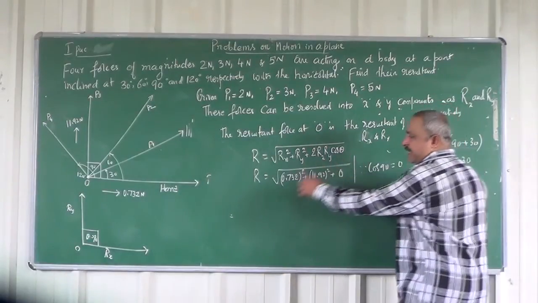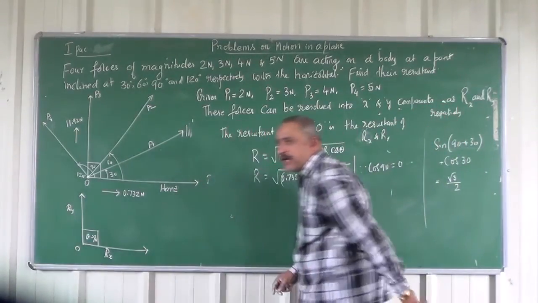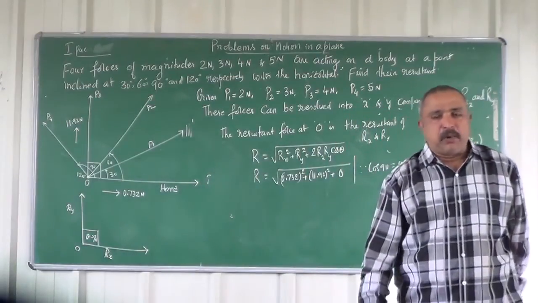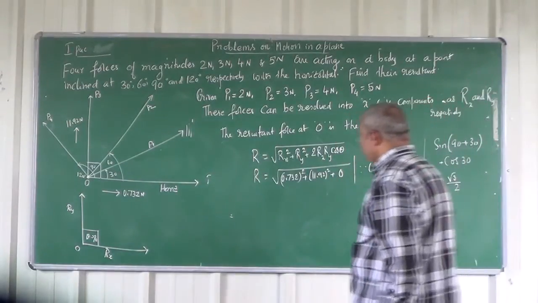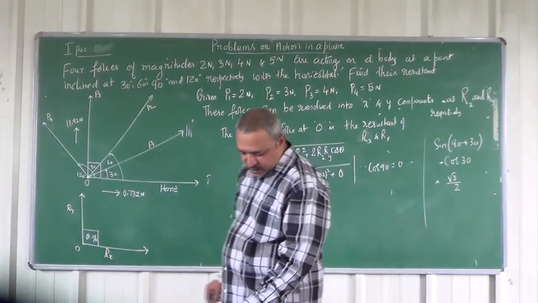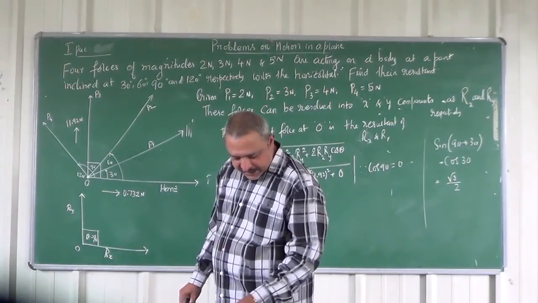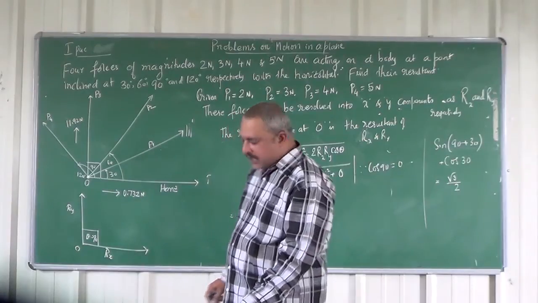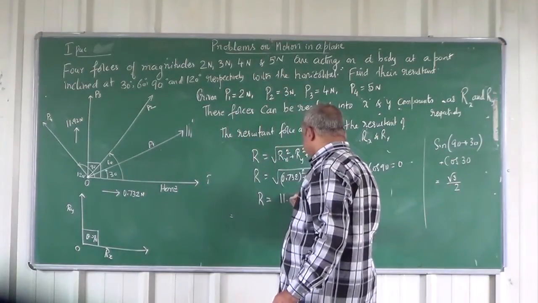See here, theta is 90 degrees between Rx and Ry. So that part doesn't come for simplification. Now you simplify, square, take square roots. Taking the square root, the final answer is 11.96.